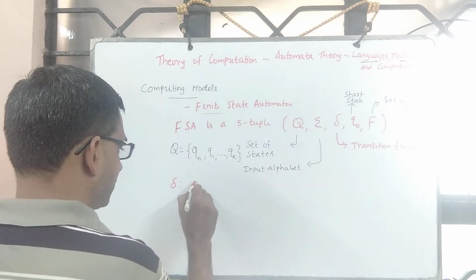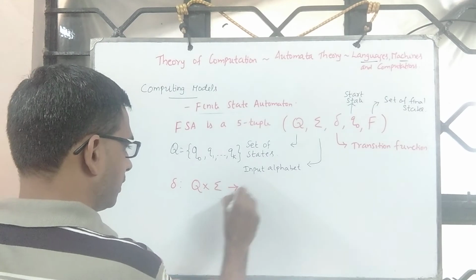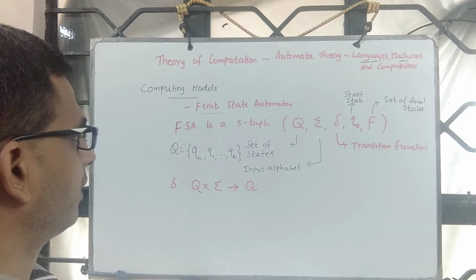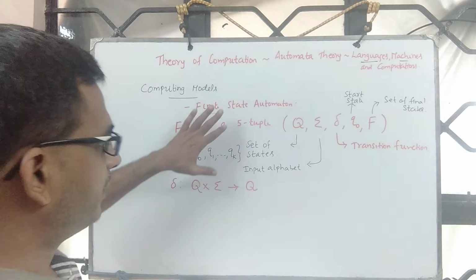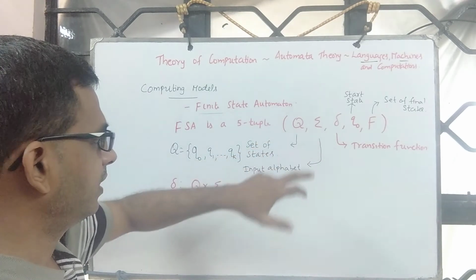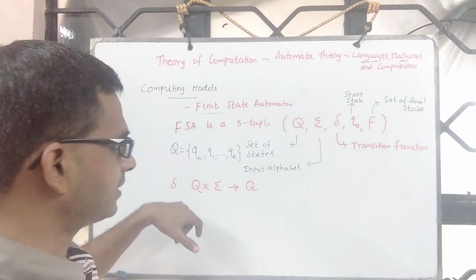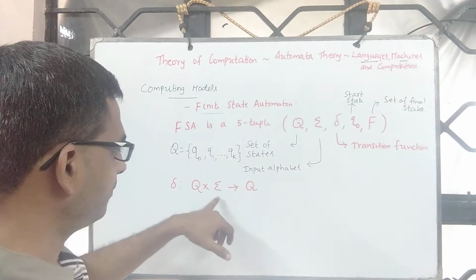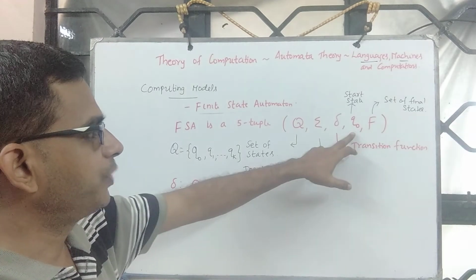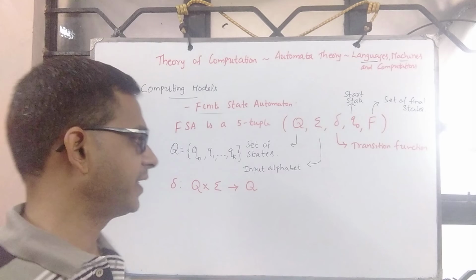The function is from Q cross sigma to Q. So it is a 5-tuple such that Q represents the set of states, sigma represents the input alphabet, delta is a transition function from Q cross sigma to Q, Q0 is our start state, and F represents the set of final states.